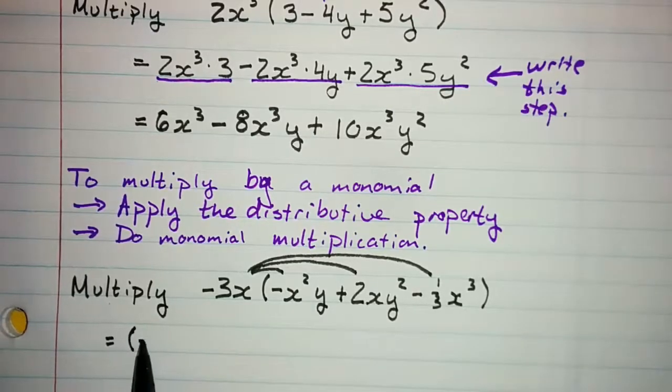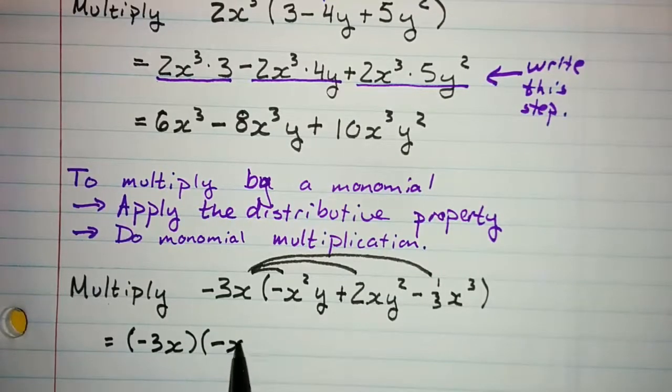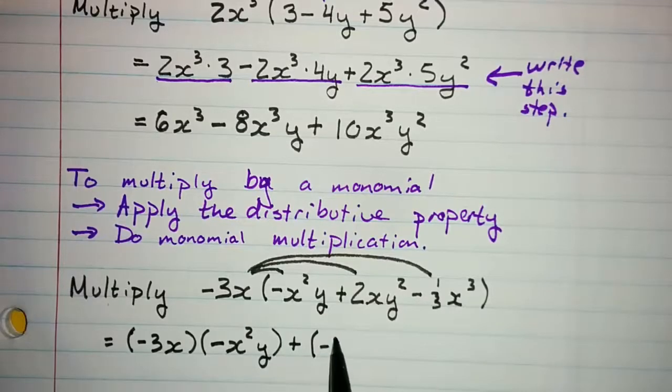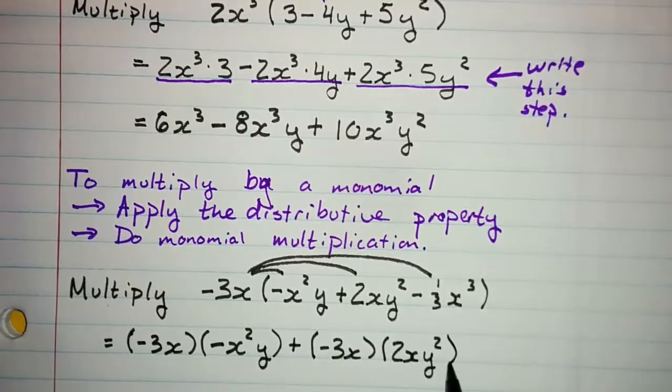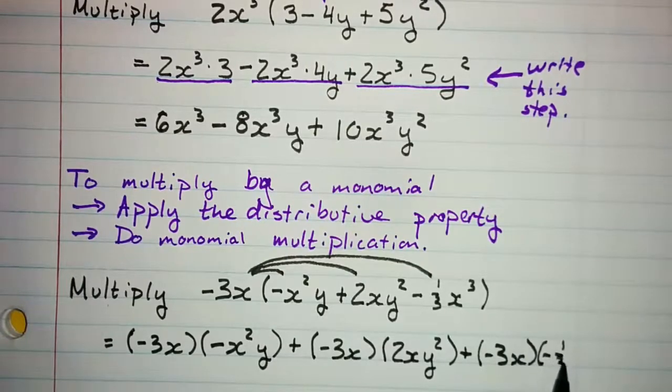So I'll have negative 3x times negative x squared y plus negative 3x times 2xy squared plus negative 3x times negative 1/3 x cubed.